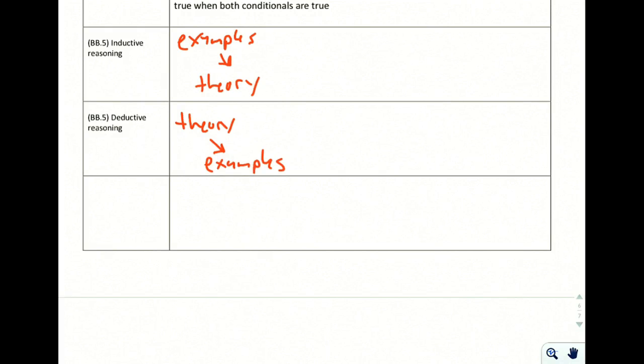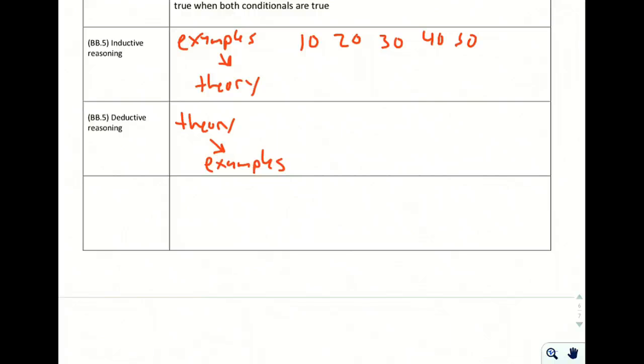So jumping back up to inductive reasoning, let's say that we take a bunch of numbers that we know are powers of 10. So 10, 20, 30, 40, 50, and so forth.